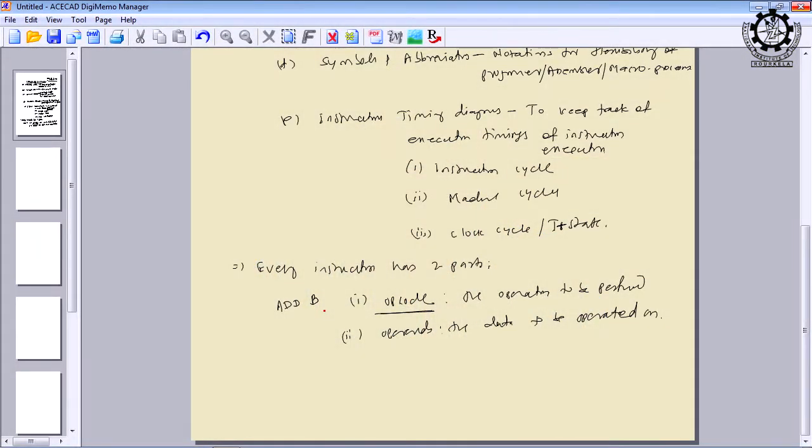And then what is semantics? After addition, the result is stored in the accumulator. So, the accumulator is storing the result, that is with respect to all Intel series of microprocessors, or you can say for 8085, which may not be true in other microprocessors.